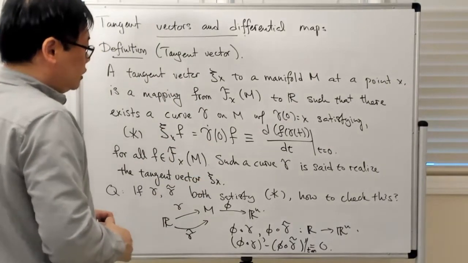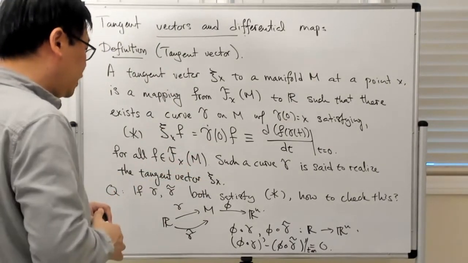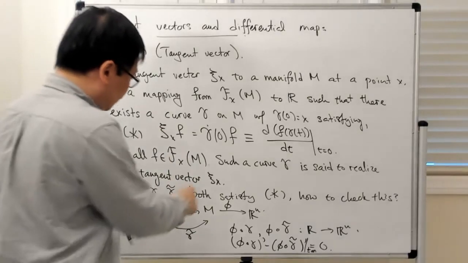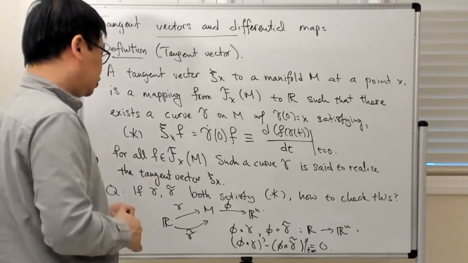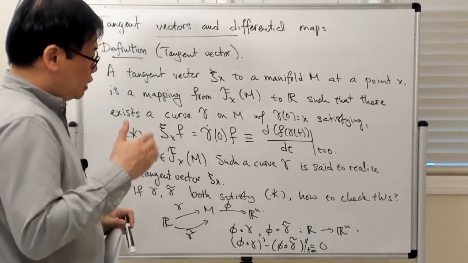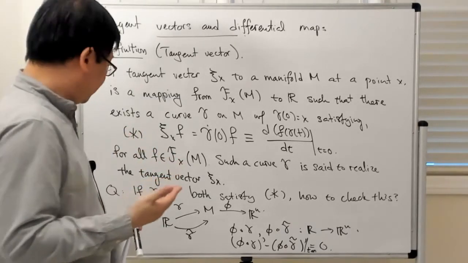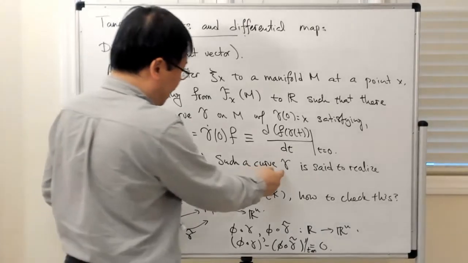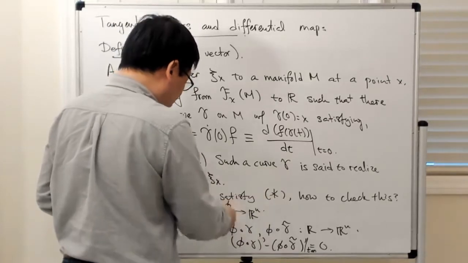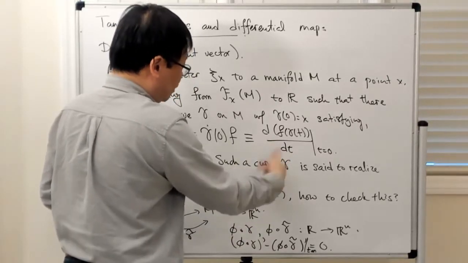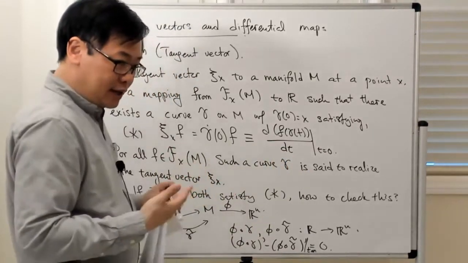Okay. So again, what I'm basically saying is that you think of gamma x as this abstract notion of a tangent vector, then you have this realization of it by an actual curve. And then there's this notion that more than one of these curves can realize the same abstract tangent vector.